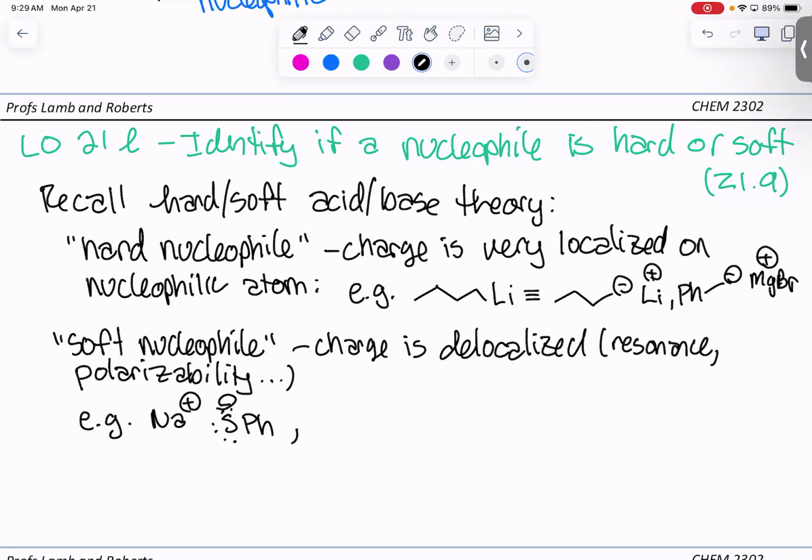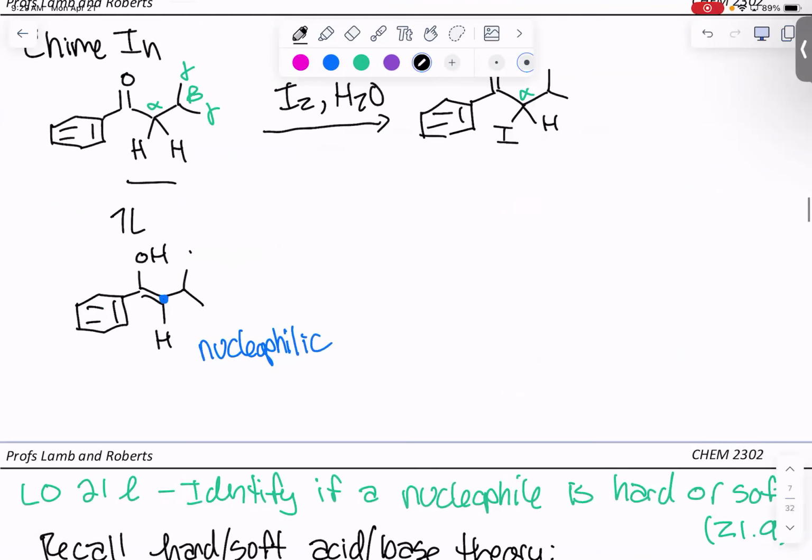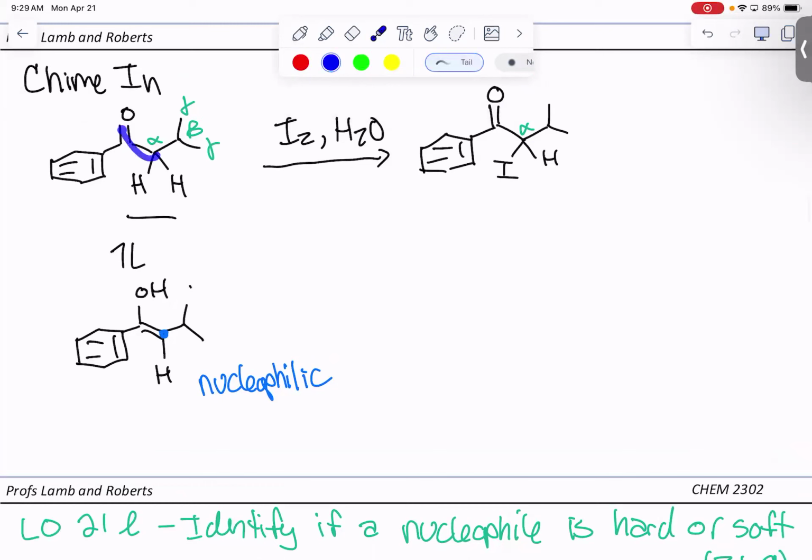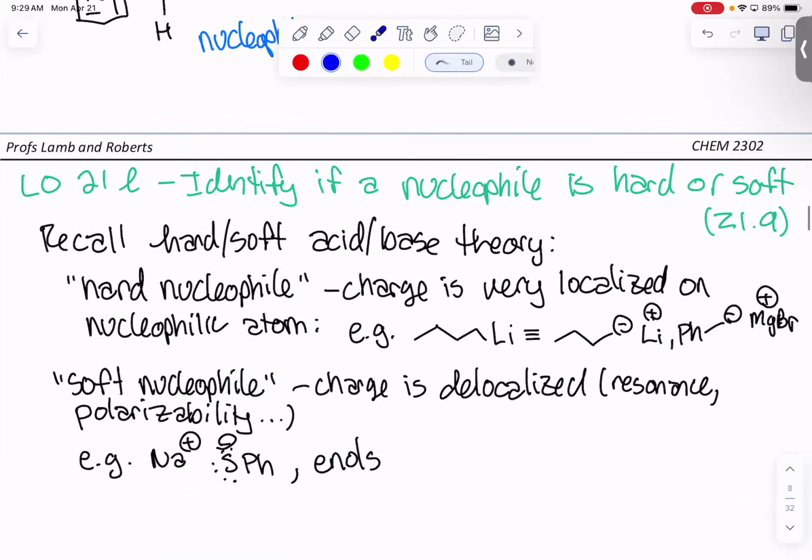So enols are nice, soft nucleophiles. When we take a look at our enol form before, we see there's a lot of delocalization of that nucleophilic position. It's all over the place because we have resonance.